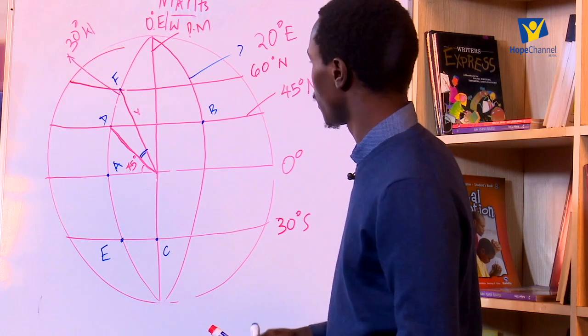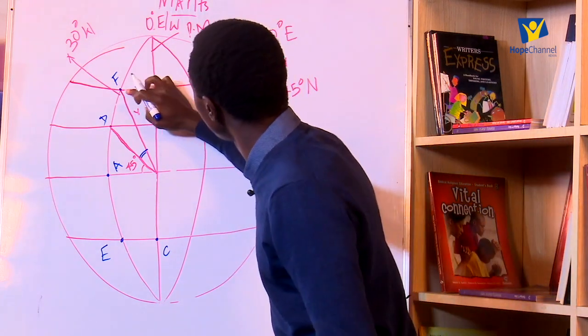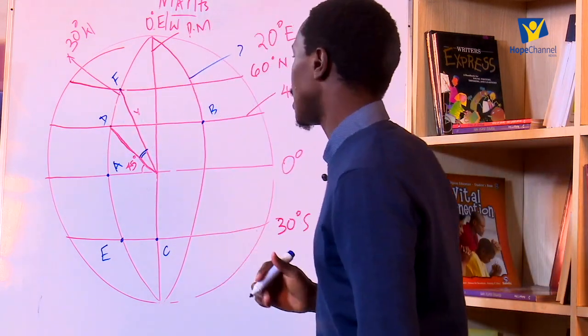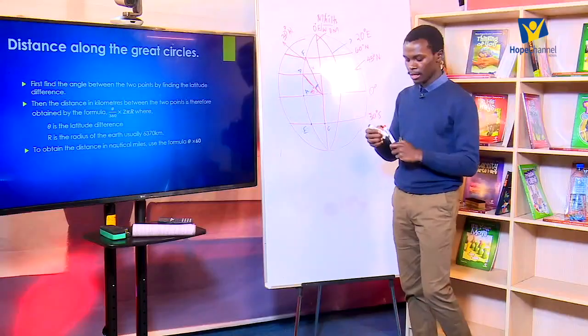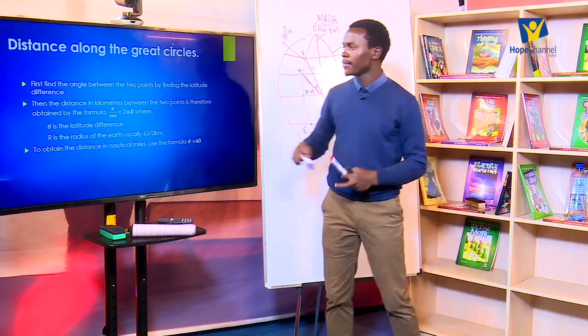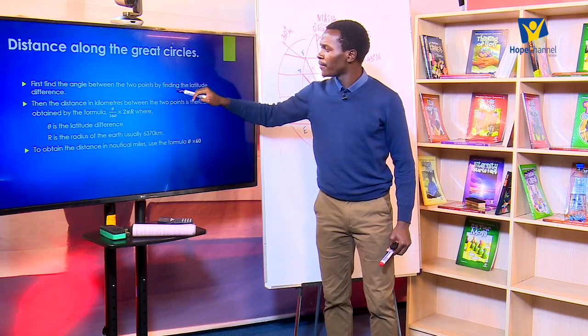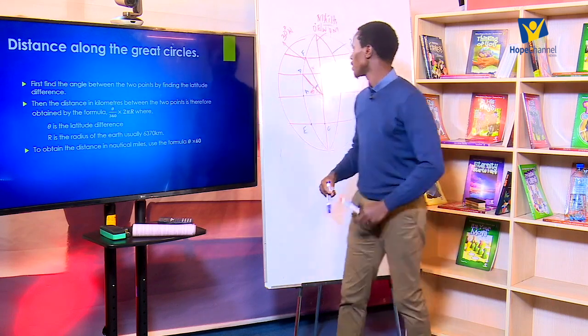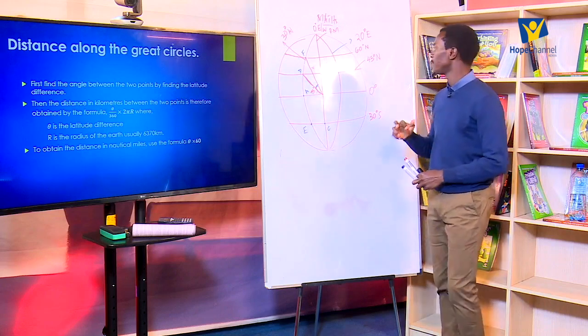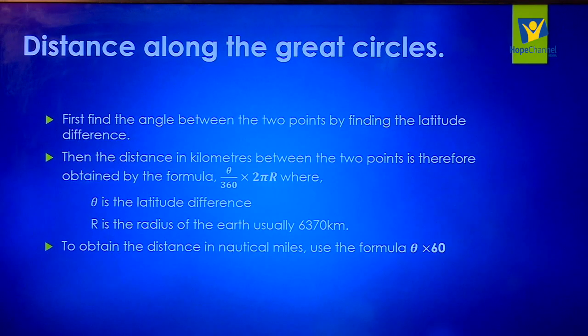To get the angle between them, you're going to subtract. So it is 60 minus 45. So what does that tell you? When finding the distance along the great circles, first find the angle between the 2 points by finding the latitude difference, which is 60 minus 45. That will give us the angle between the two places.